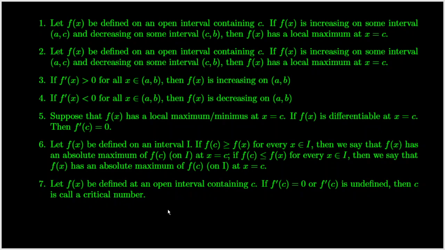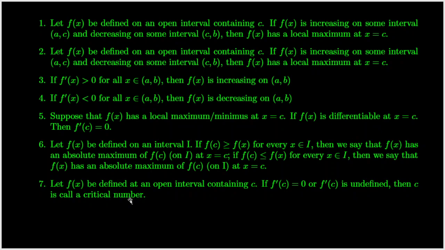You look at item number 7. If the derivative of the function is equal to 0, or the derivative is undefined, actually a better wording is does not exist. If it's one of the two cases, then we say C is a critical number.